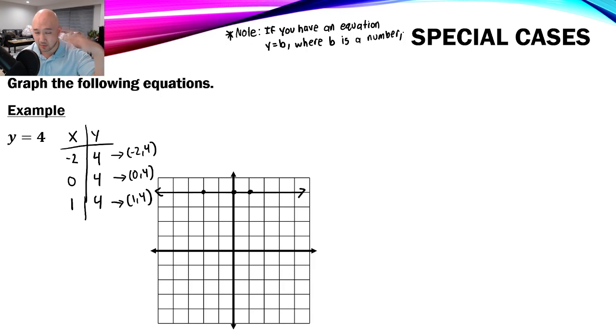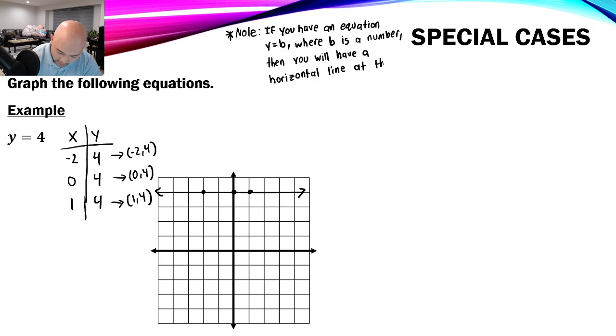The b in this one's going to be any number we want it to be. So if you have an equation y is equal to b, where b is a number, then you will have a horizontal line at that y value.